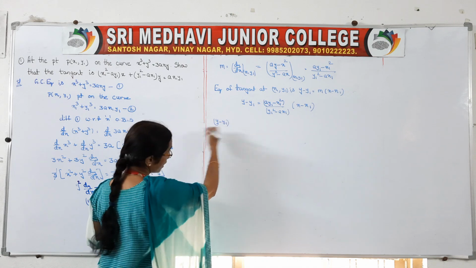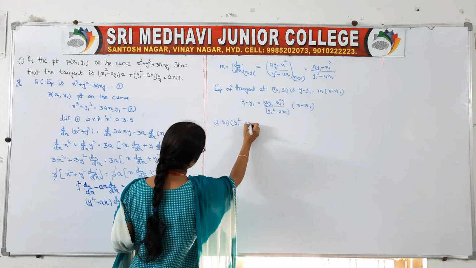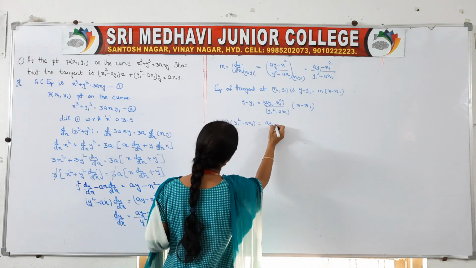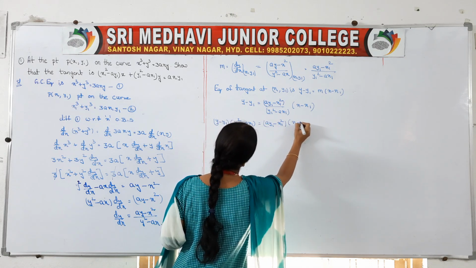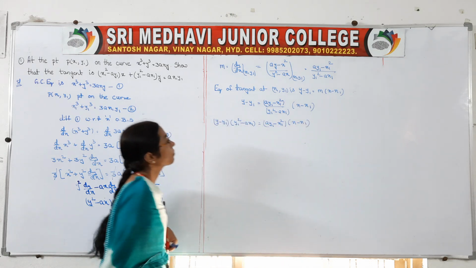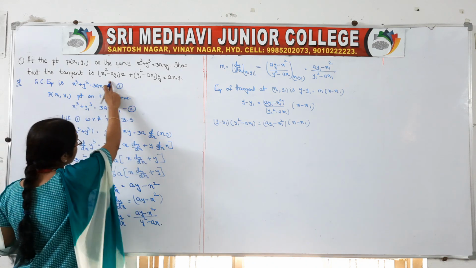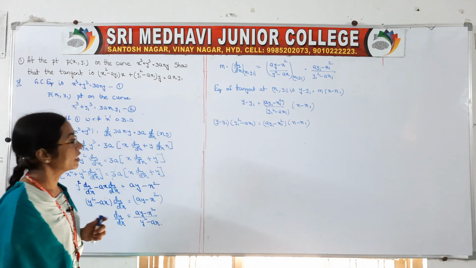It is dividing, send this side. It is y1 square minus ax1 is equal to ay1 minus x1 square into x minus x1. Observe that at the end there is an x term, a y term, and a, x1, y1 is there.